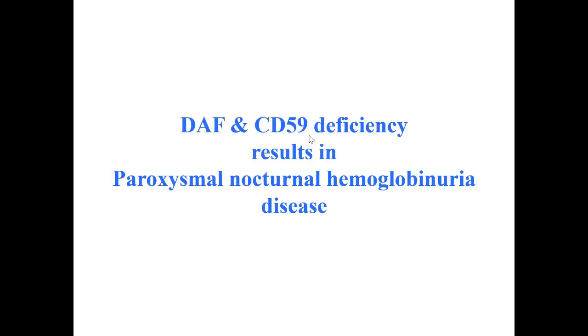That's why not having these proteins on the surface of the cells results in the destruction of cells such as RBCs. That's why these patients have hemoglobin, or lysis of RBCs, in their urine in the morning.